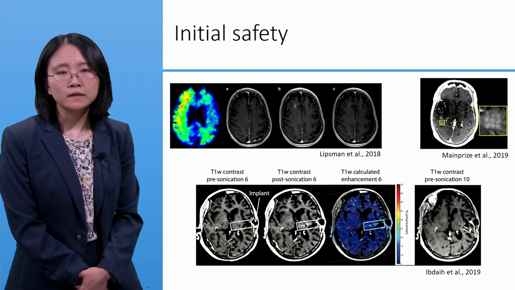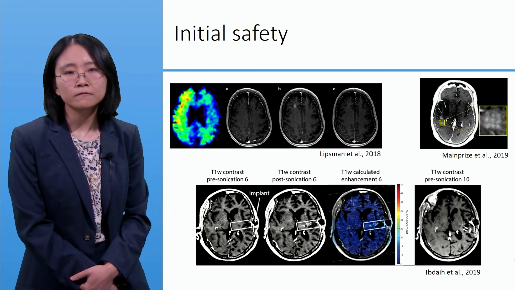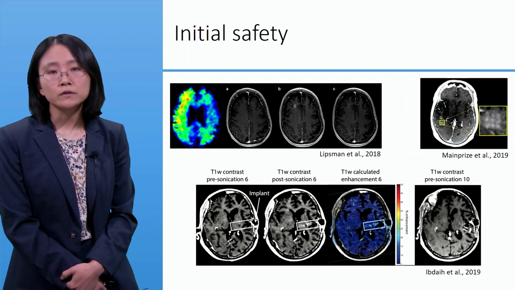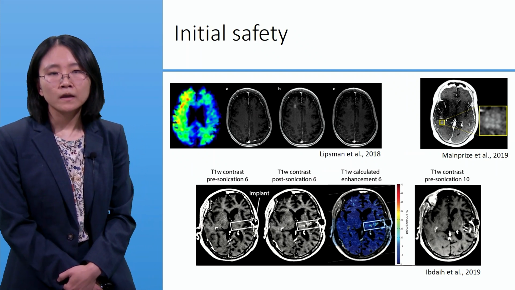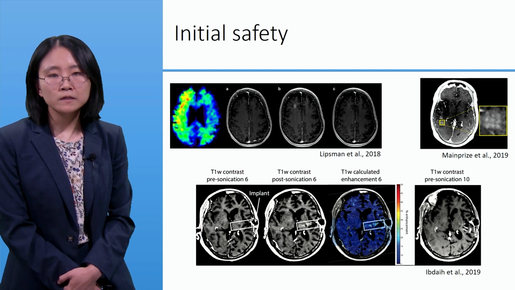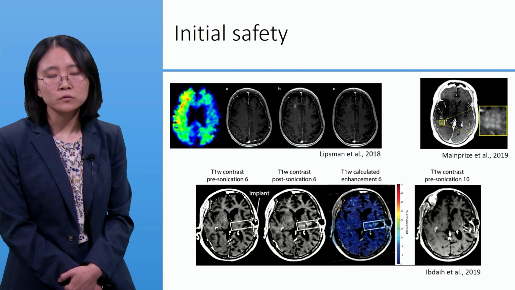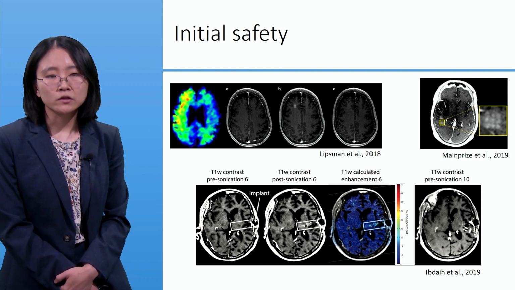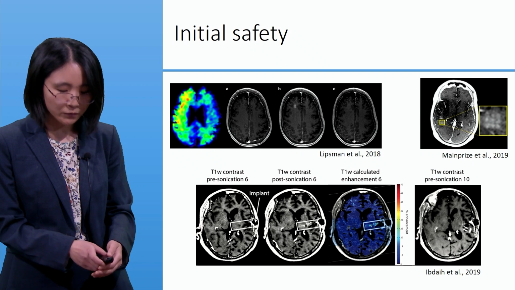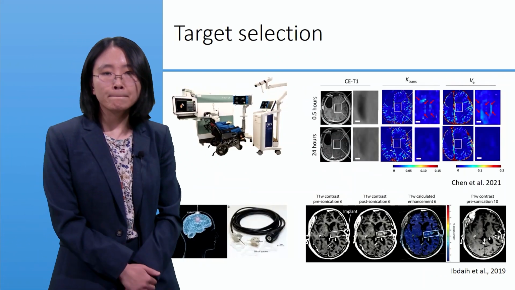So you find that the contrast extravasation in these examples can look quite different than patients with Alzheimer's disease, for instance. Yet these studies show that it is in fact feasible to open the blood-brain barrier in tumor tissue and tissue around the tumor, and the patients tolerate the procedure quite well without any serious adverse events.